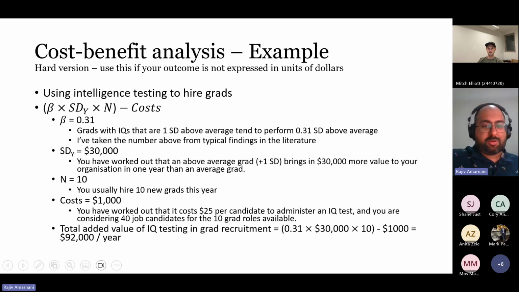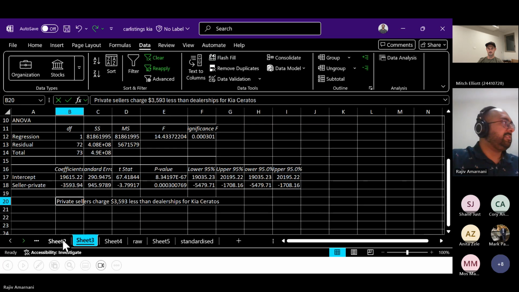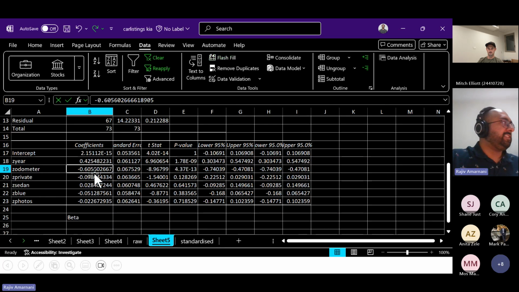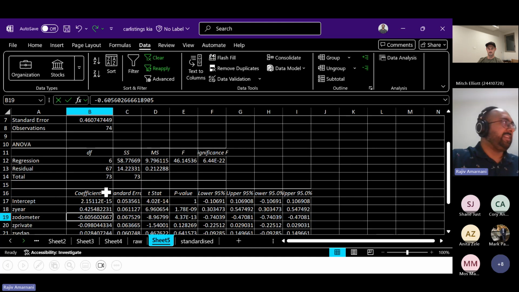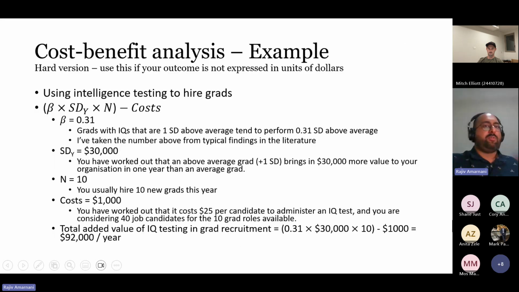Again, just to remind you what that is exactly, that is using the Z scores to predict the Z score of list price. In this case, it's 0.61 for odometer. Going back to our example here, it's 0.31 for IQ to performance. And then you work out that an above average grad brings in $30,000 more value.